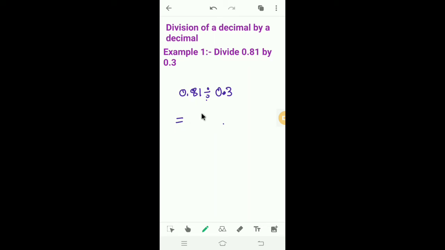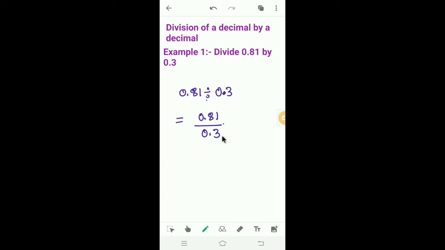We can write 0.81 divided by 0.3 as 0.81 by 0.3. Here the divisor is 0.3. So first we have to change the divisor into a whole number by multiplying the denominator by 10, 100, 1000 as required. So here only one digit in the decimal part of 0.3.